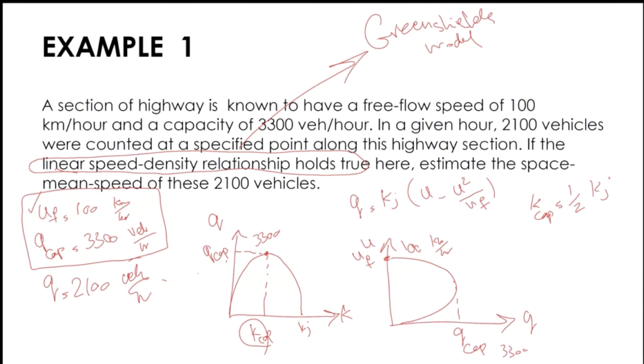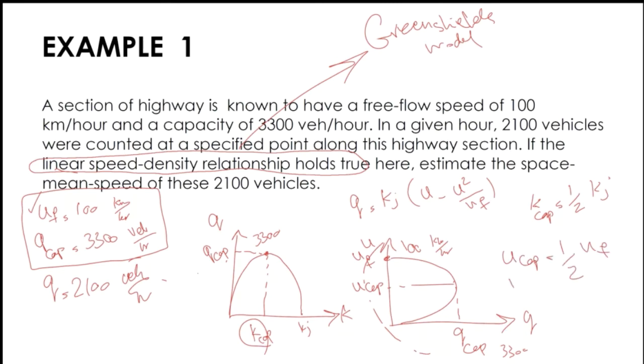Another interesting property of the Greenshields, which can be seen on the right diagram here, is that the speed associated with the capacity, let's call it U cap, is also half of UF.